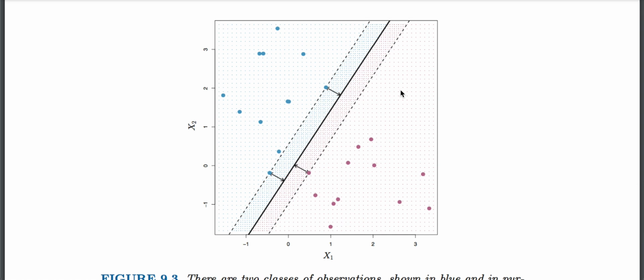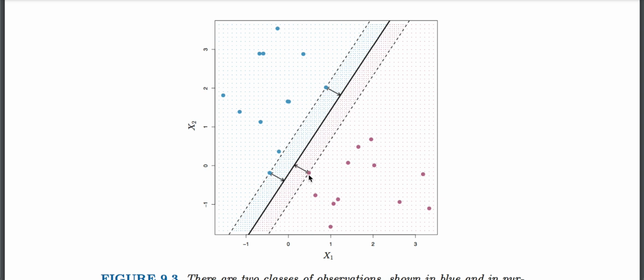Now, the interesting thing is that the minimal distance between observations and the separating hyperplane always happens such that this line is in between these two, so that this distance is equal to this distance. Let's think about it. Why should these two be equal? What will happen if they weren't equal?